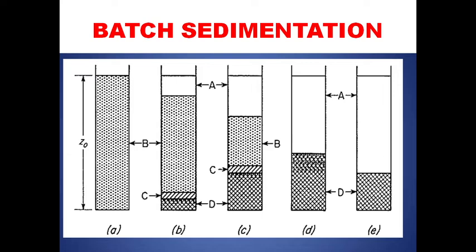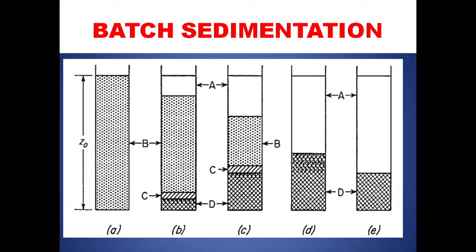Above zone D is a transition layer, zone C, in which the solid content varies from that in the original bulk to that in zone B. In zone B, the concentration is uniform since the settling rate is the same throughout this zone.